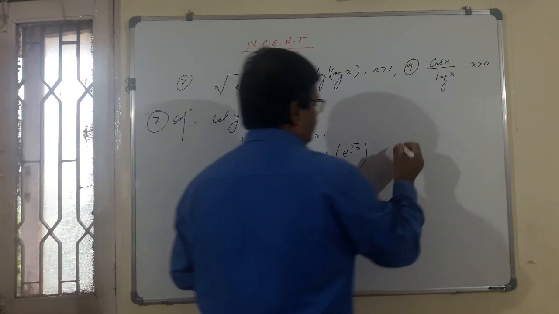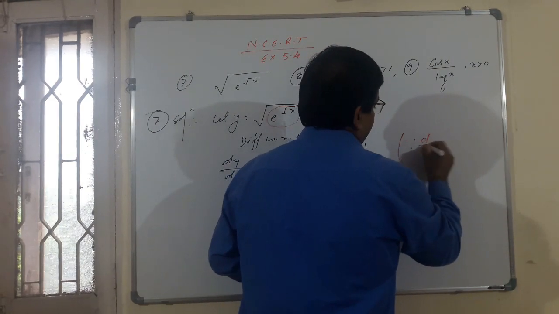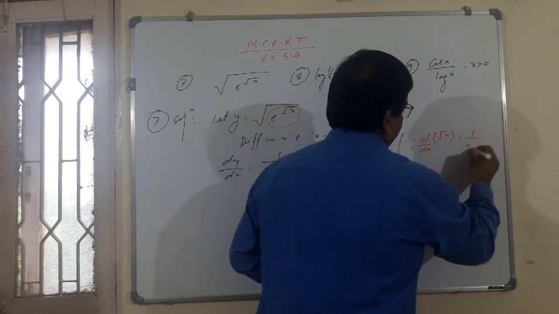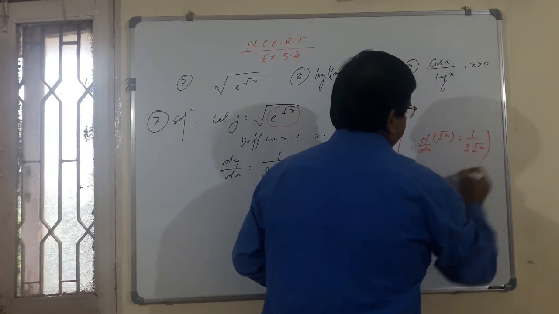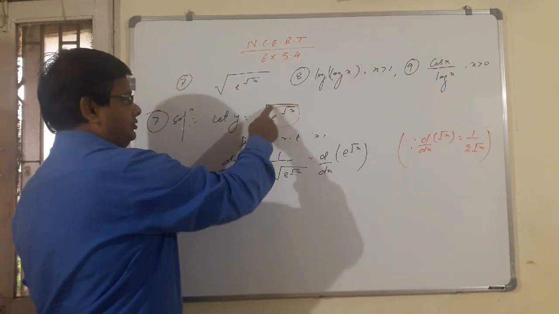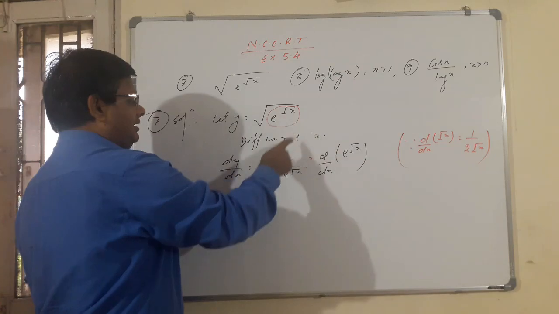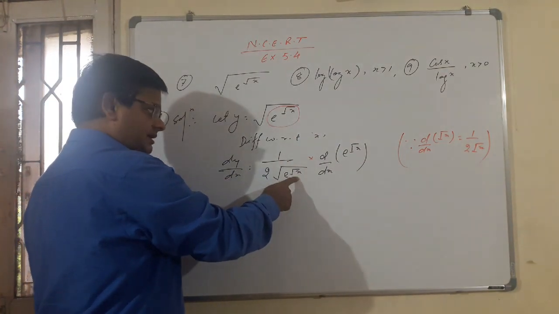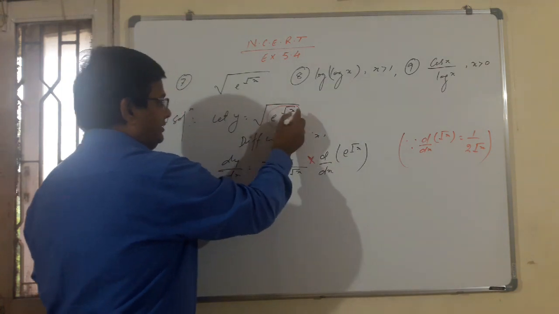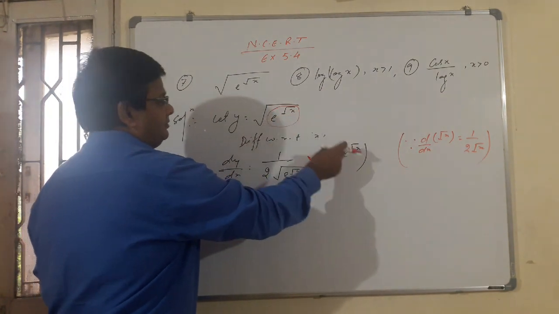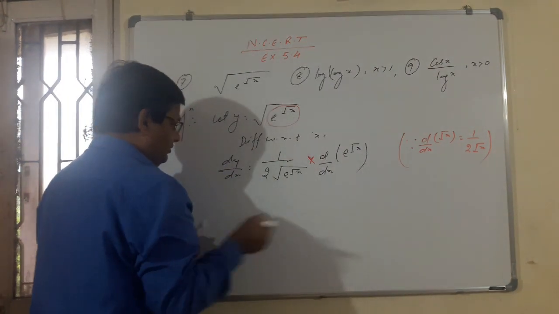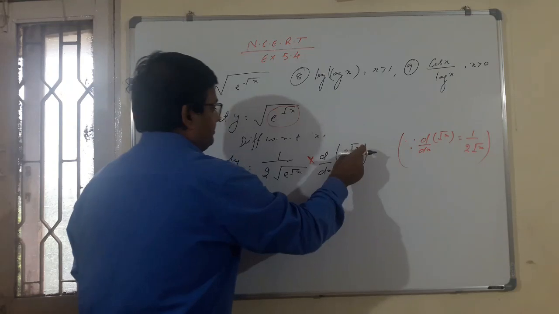Since differentiation of root x is 1 by 2 root x. So suppose this whole one is z, so 1 by 2 root z, then differentiation of z means differentiation of e raised to the power root x.